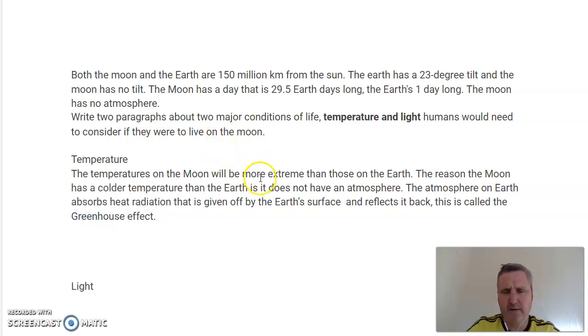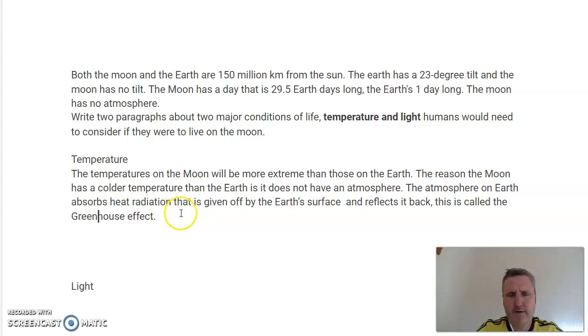So now what I've done is I've explained why the temperature on the Moon is colder, because the temperature on the Earth is hotter because it has an atmosphere that keeps it warmer. Well, it's a reason why the Earth doesn't get super cold, I guess.